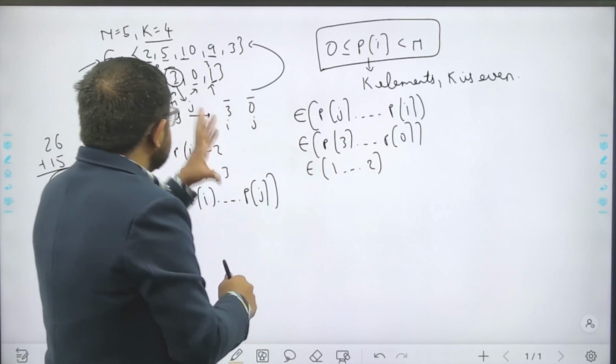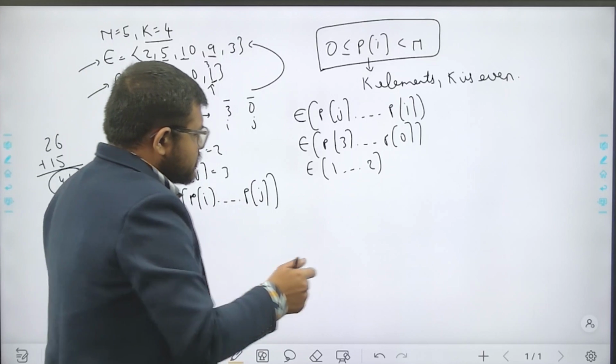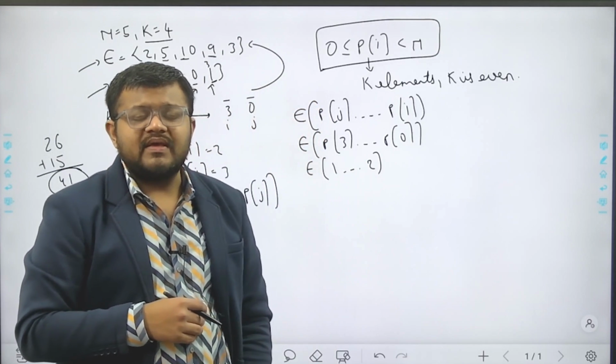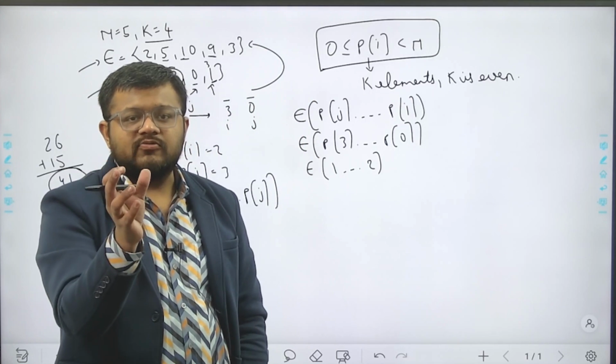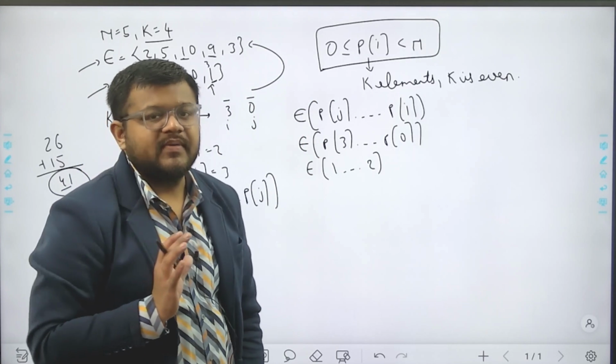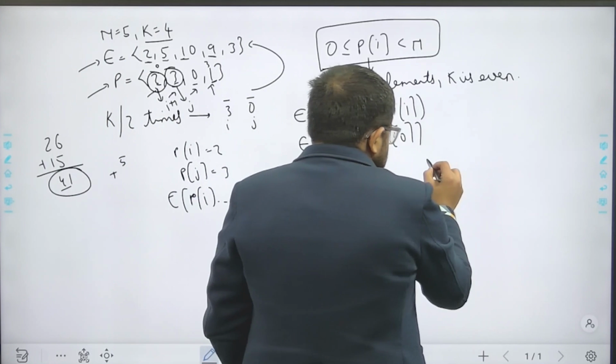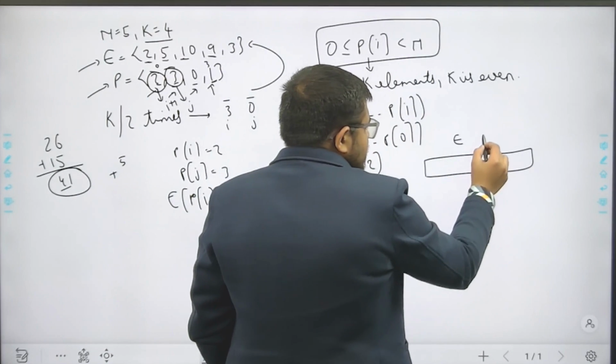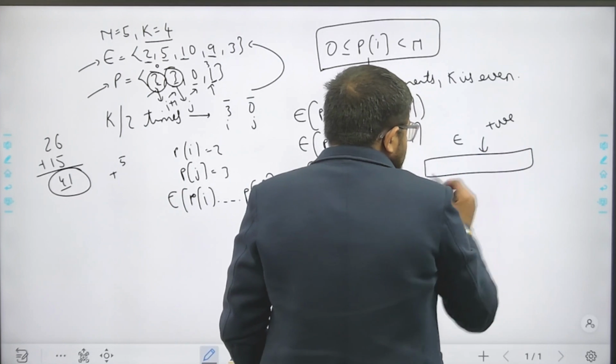Now how can we maximize it? See here, my P array represents indexes of my E array. So if I pick 2 elements from the P array, it will basically represent a subarray. Let me give you an example. Suppose this is my E energy array, all the values are positive, right?